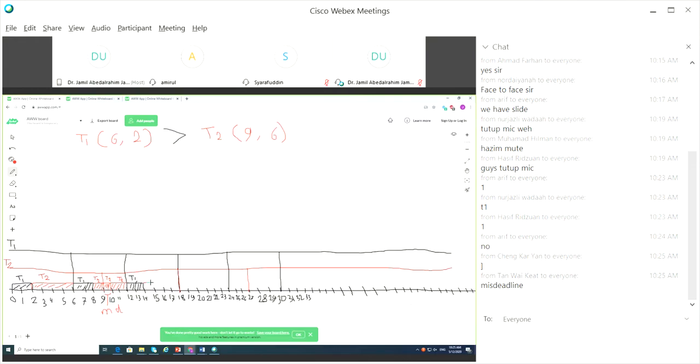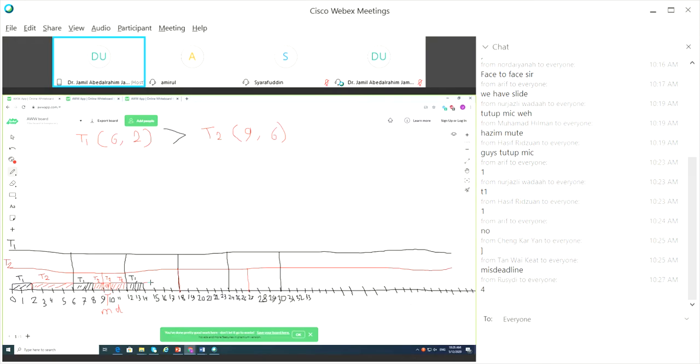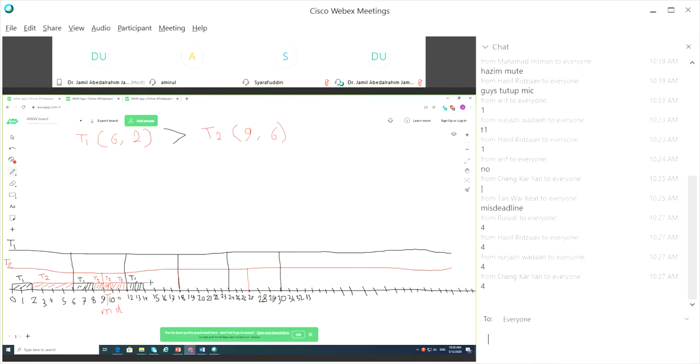How many units can execute? Anybody can tell me? How many units? 4. 1, 2, 3, 4. Why 4? Some students will say, oh, okay, here, don't count out.